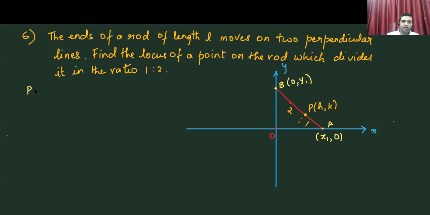So the first step is, let P be equal to (h, k).